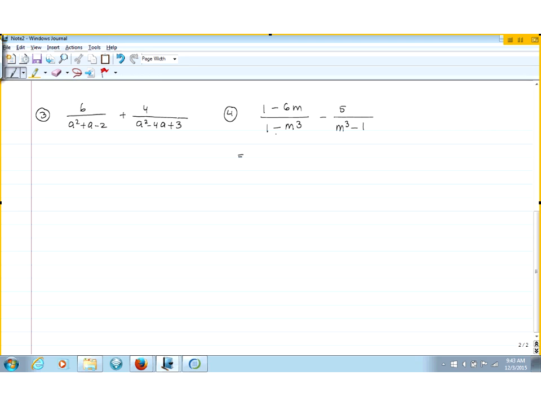How do you write that 1 minus m cubed is the opposite of m cubed minus 1? Negative. So 1 minus m cubed is the opposite of m cubed minus 1. Yes, you're right. 1 minus 6m over negative, m cubed minus 1, minus 5 over m cubed minus 1.